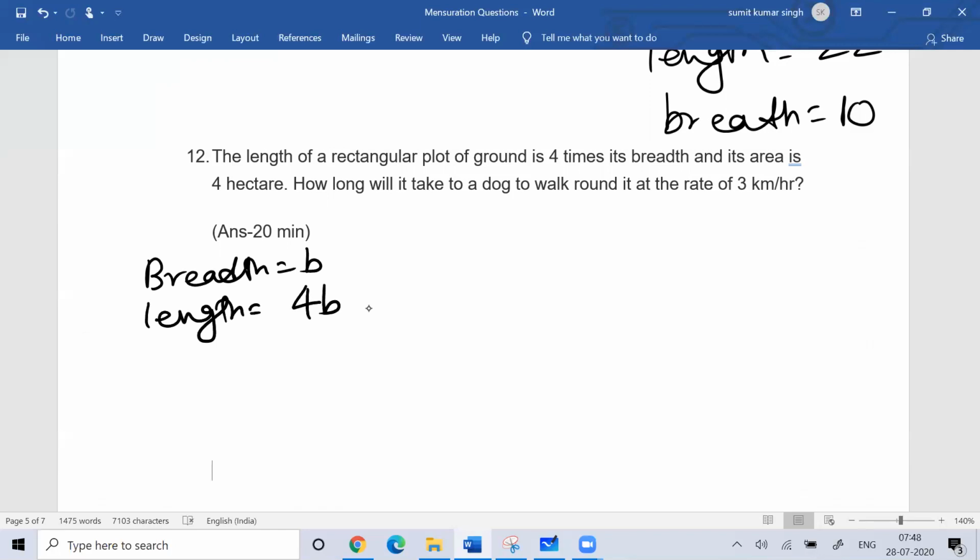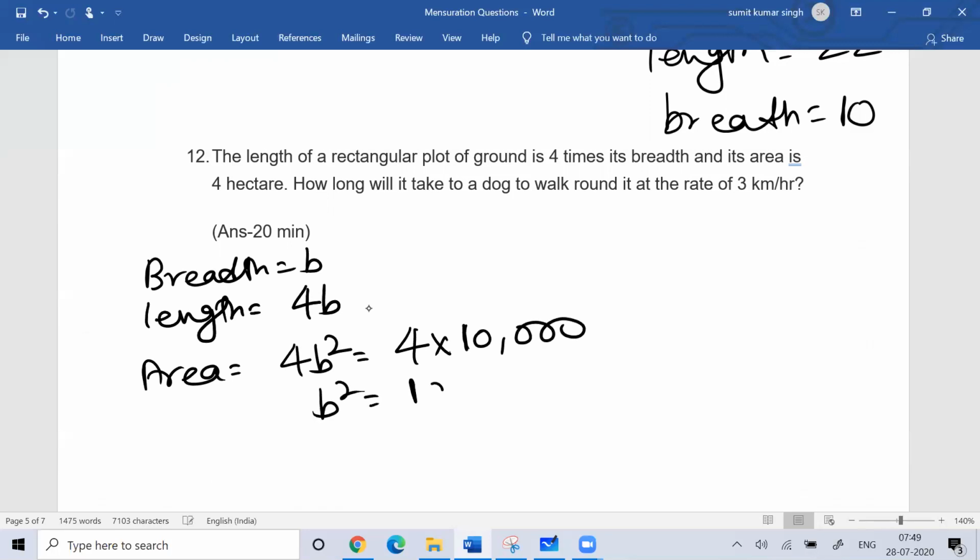Its area is 4 hectares. So the area of this would be 4b square, and that is 4 hectare. 4 hectare means 4 into 10,000 meters square. So the b square is equal to 10,000. So the b value is equal to 100. So the length value would be 400.